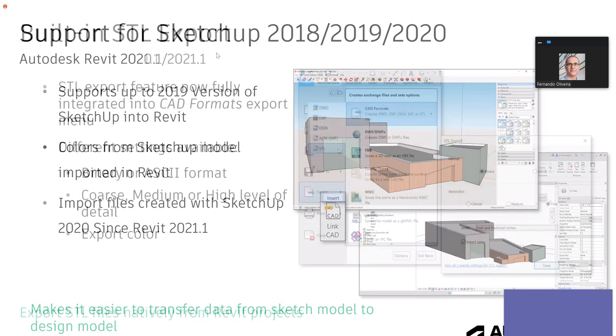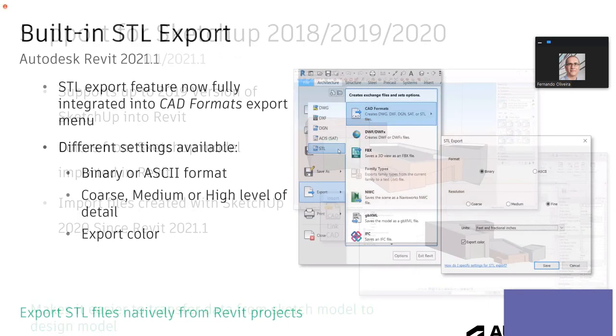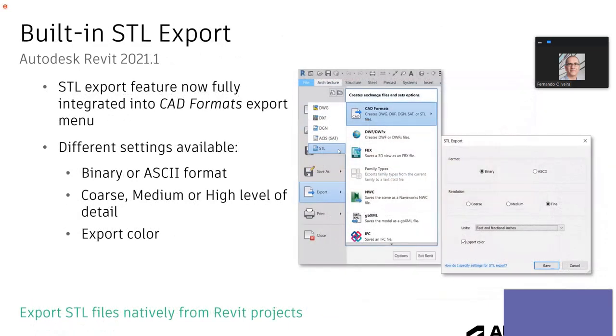Also a good improvement in 2021 was working with STL. STL in the past was a plugin, now it's embedded. And STL is the file format we can use, for instance, for 3D printing our project. So I can generate my models, save them in STL, and send them to a 3D printing solution. So it's a great tool that makes it very easy to create STL file formats.